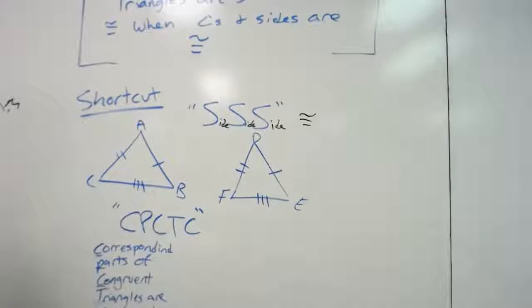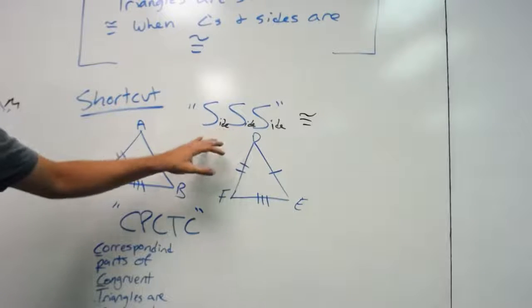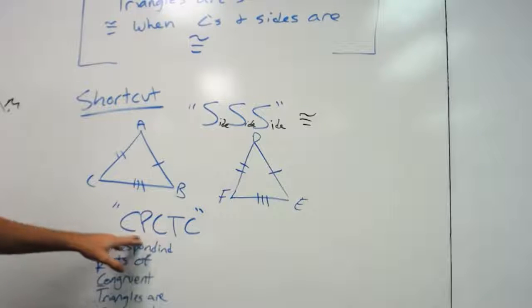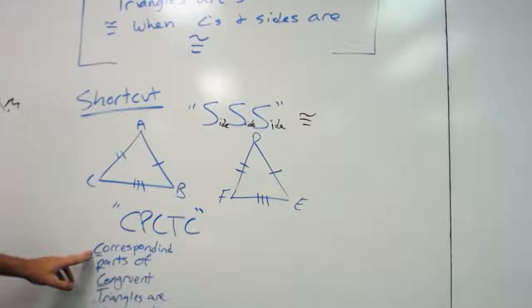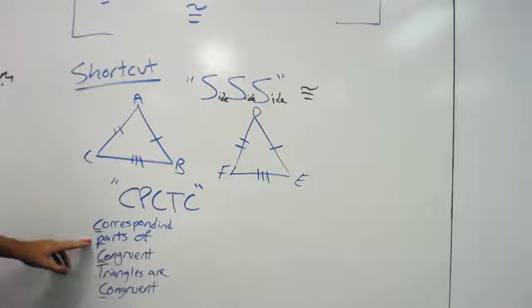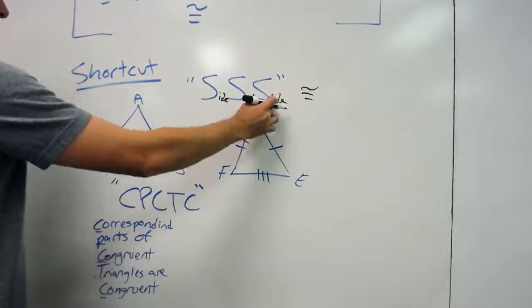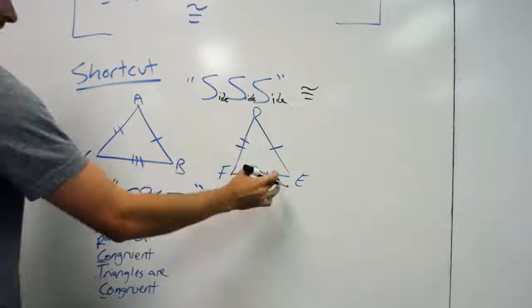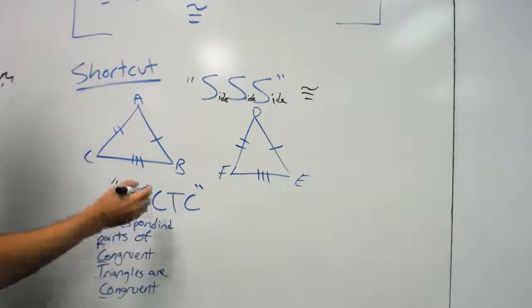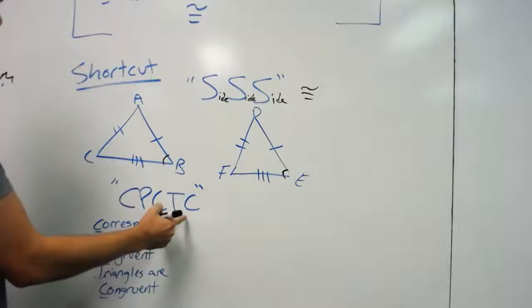And if we know that all three sides are congruent, this is what CPCTC stands for: corresponding parts of congruent triangles are congruent. Now, it's very basic, but because we know the side, side, side congruence theorem, we can assume angle B is congruent to angle E because of CPCTC.